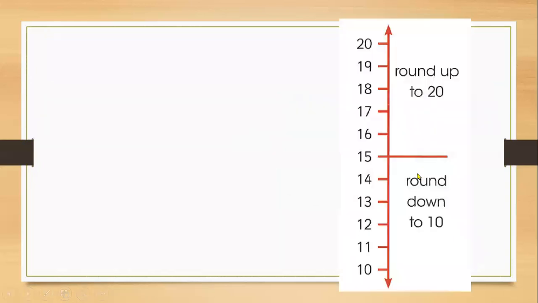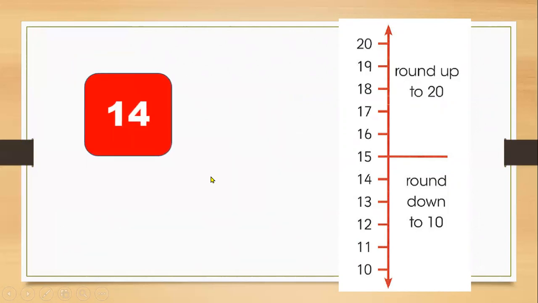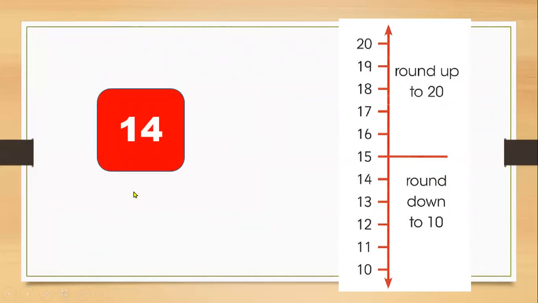Now look at the number line in your books. We have numbers from 10 to 20. I choose 14, and you know the midpoint from 10 to 20 is 15. The middle number is 15.